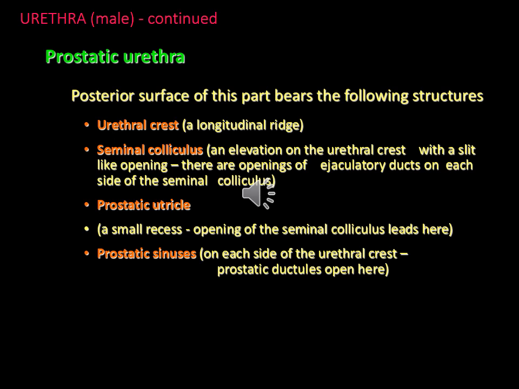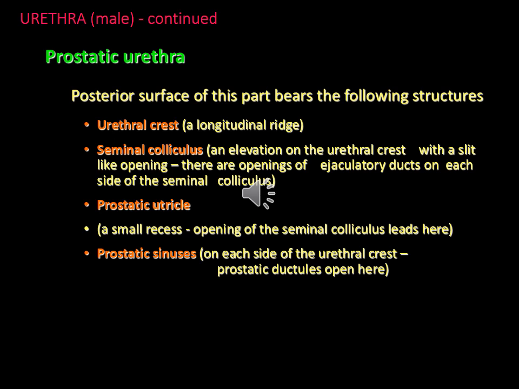Opening into the posterior part of the prostatic urethra is a longitudinal ridge that's called the urethral crest. And the urethral crest presents an elevation with a slit-like opening. This is called the colliculus seminalis, and on either side of this there will be pinpoint openings of the ejaculatory ducts.